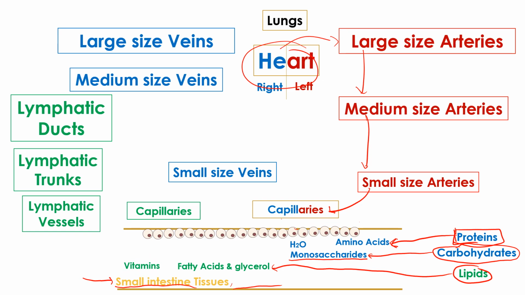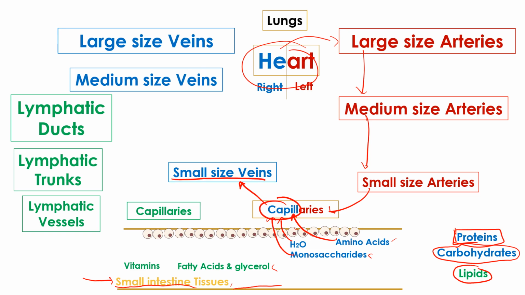So the point that I want to make here with all of this, you can imagine, is that the water that you drink when you're thirsty, or the proteins and carbohydrates you eat in your diet, get absorbed through the small intestine and go using these capillaries that will use your cardiovascular system, but specifically your veins.